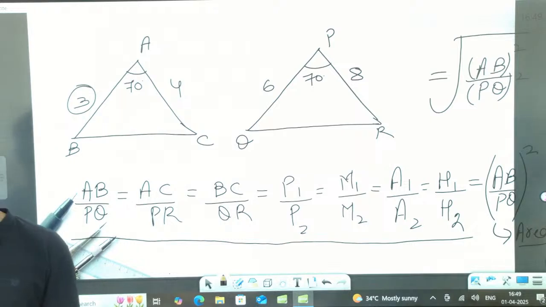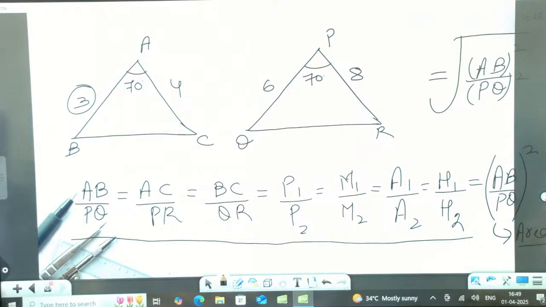If the ratio of their perpendiculars is 3:4 respectively, then find the ratio of the areas of the triangles.